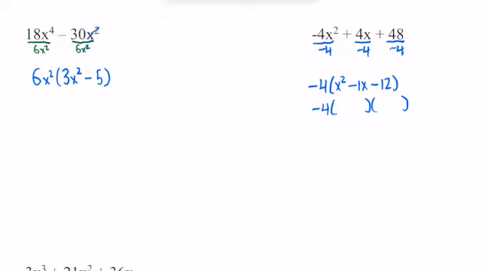The greatest common factor that we factored out stays out at the front. Now this next parentheses, we split it up into two binomials, each of which starts with an x. To multiply to be negative 12 and add up to a negative 1, we can use a minus 4 and a plus 3.